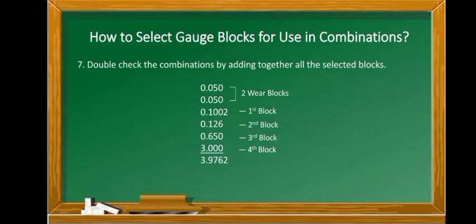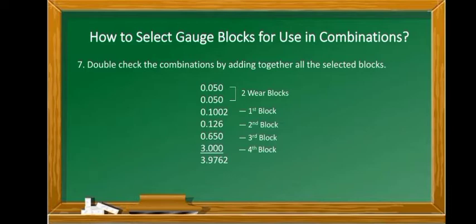So we add all the gauge blocks that have been selected. 0.050 plus 0.050, these are our two wear blocks, plus 0.1002, the first block, plus 0.126, our second selected block, plus 0.650, our third selected block, and plus 3 inches, our fourth selected block, equals 3.9762, which is our total length of the desired combination.